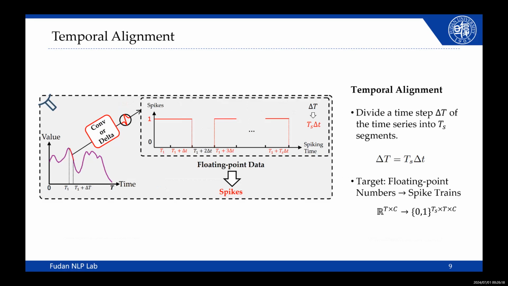Our key idea is to divide a time step delta t of the time series into TS segments. The representation of our target can be written as converting a floating point number with dimension T times C to spikes with dimensions TS times T times C.